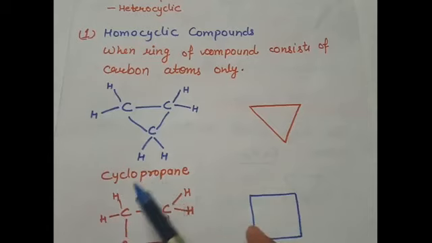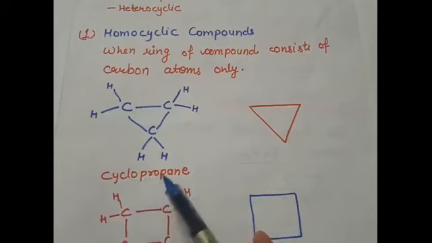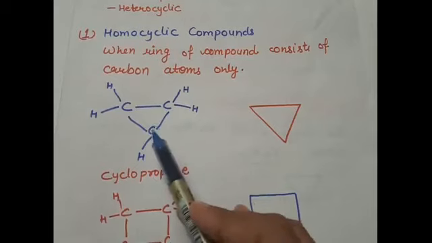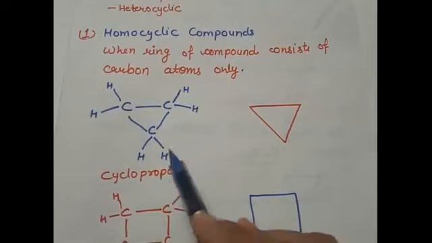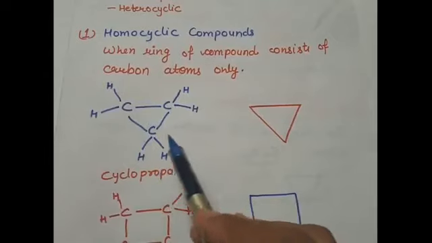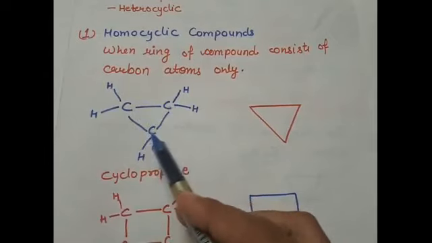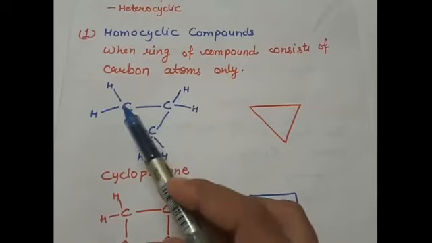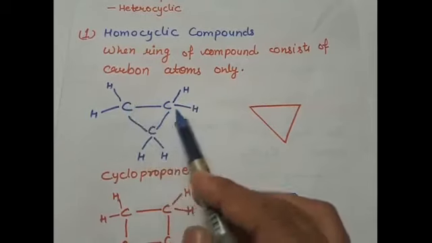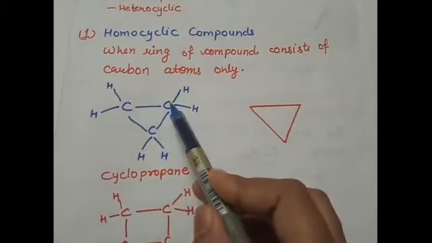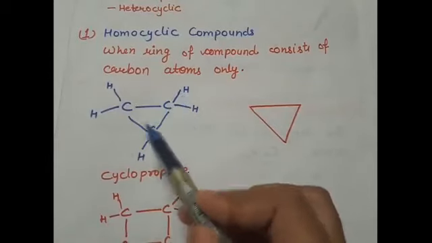For example, we have cyclopropane. Propane, that means there is a presence of 3 carbon atoms. So 3 carbon atoms, this is propane, so it will be alkane. Single bonds between the carbon atoms, and the rest of the valencies are fulfilled by the monovalent hydrogen atom. So at each corner we have CH2, CH2, CH2.